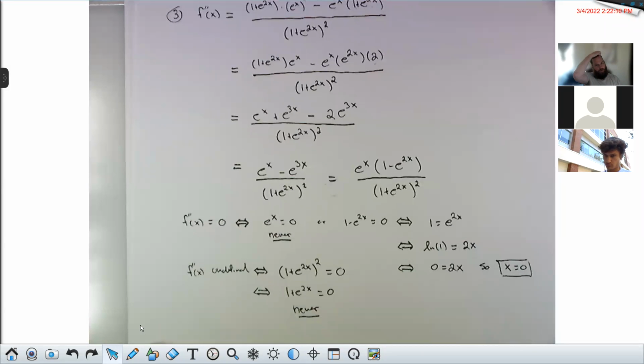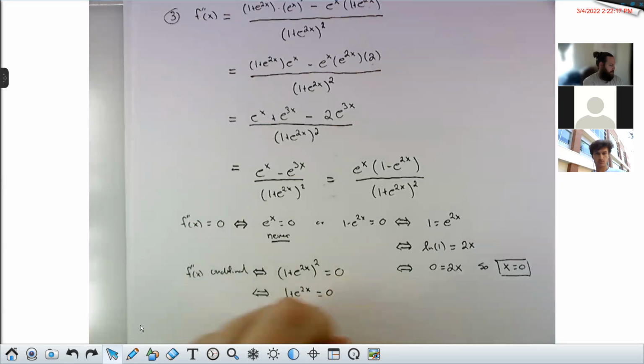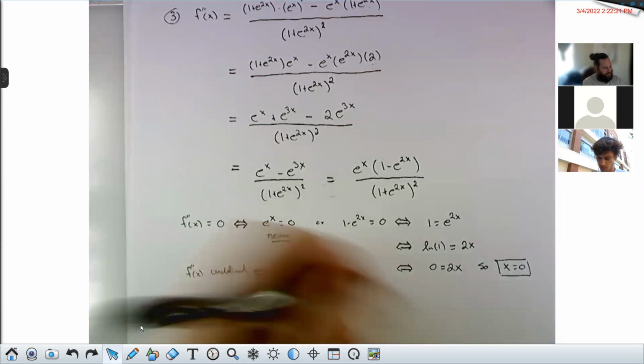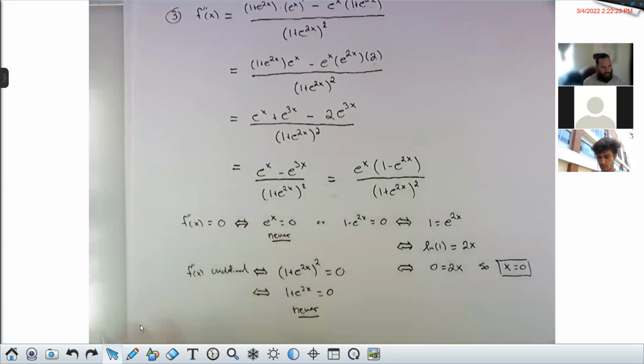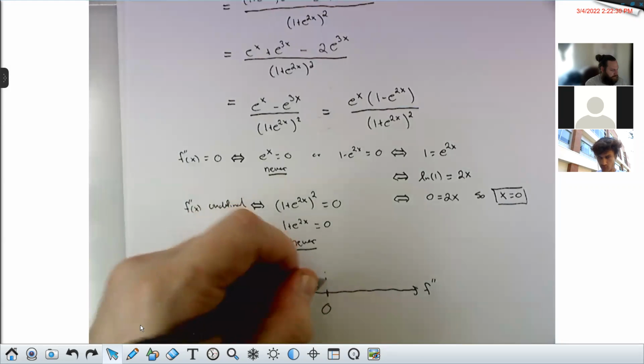So there will be something on the number line for f double prime, just 0. So we can proudly plop him right there. Of course, that splits this into two regions.